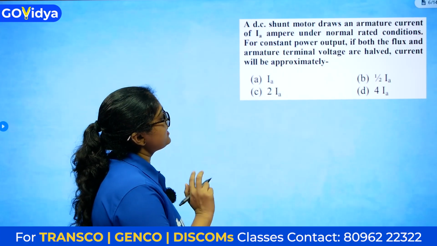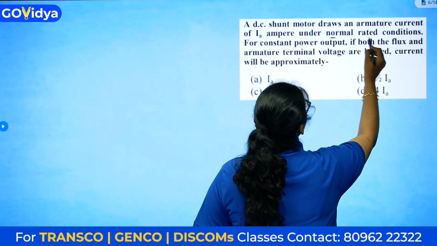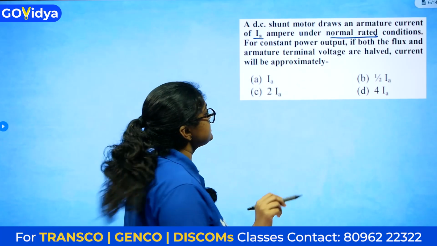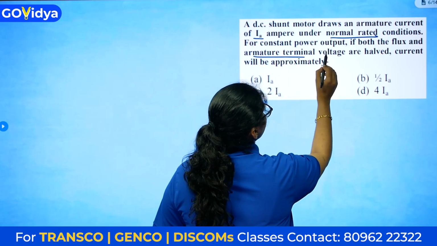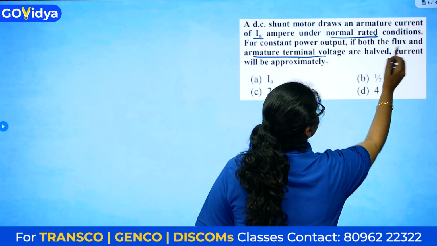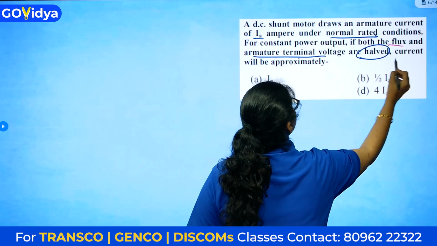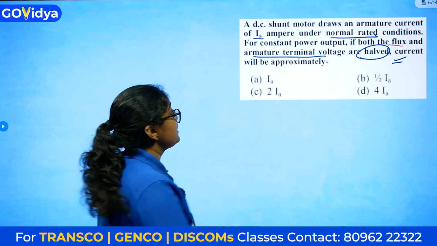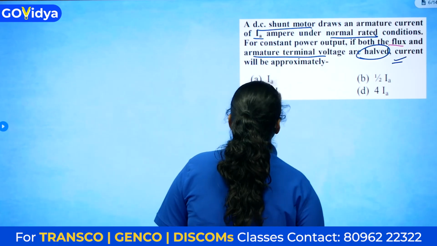See, in case 1, that is under normal rated condition, the current IA they have given. But in the second case, they are saying that the terminal voltage and the flux have been halved. What is the value of the current? So simple, we have to find the value of the current, but the given motor is a DC shunt motor.